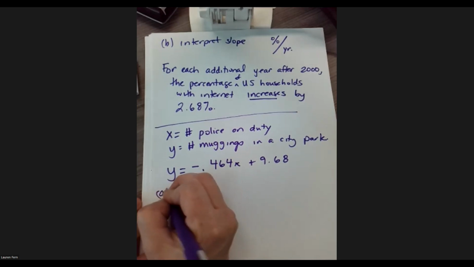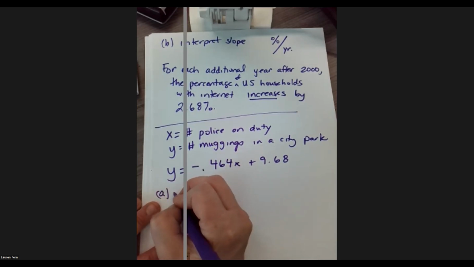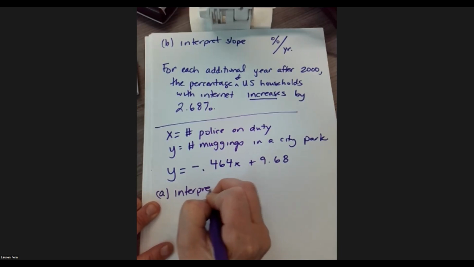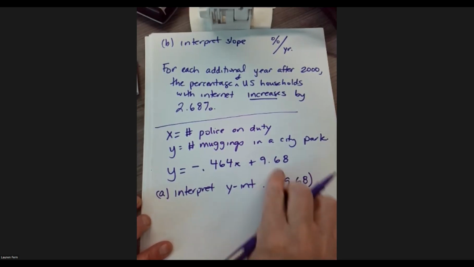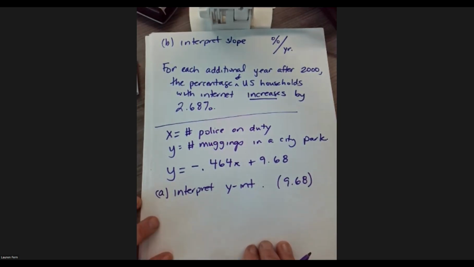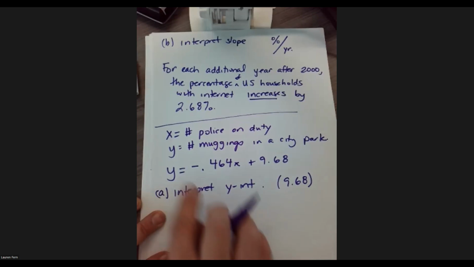All right, so first let's go through and interpret our y-intercept. We see that our y-intercept is 9.68. It's important first to be able to identify what that is. So the first thing that we're going to do is ask ourselves, what does it mean for X to be 0?